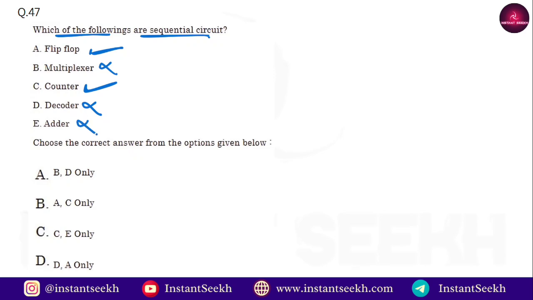Adder is also a combinational circuit that is used for adding binary numbers, and it does not store any state information, hence it is not a sequential circuit. So your only correct circuits are flip-flop and counter, that is A and C. Option B is your correct answer. Let's move on to the next.